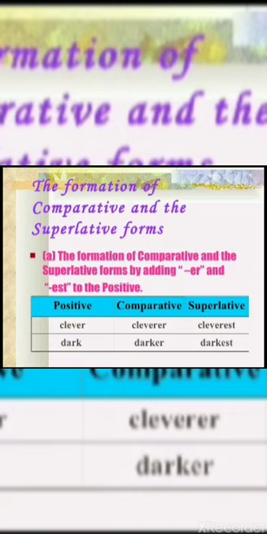When we add er to clever, it becomes cleverer and gets converted into comparative degree. When we add est to it, it becomes superlative degree. So see the difference. When we are adding er, the positive degree gets converted to comparative degree, and when we add est at the end, the positive degree gets converted to superlative degree. Same example, dark, darker, darkest.